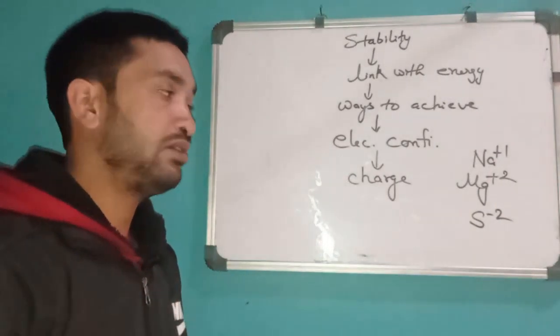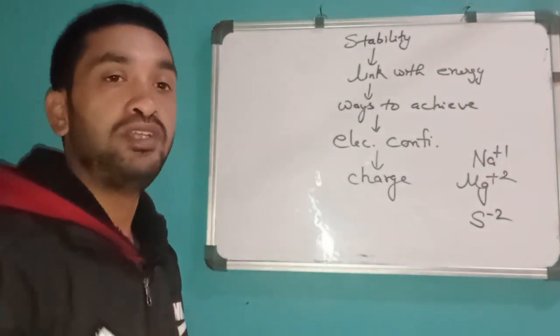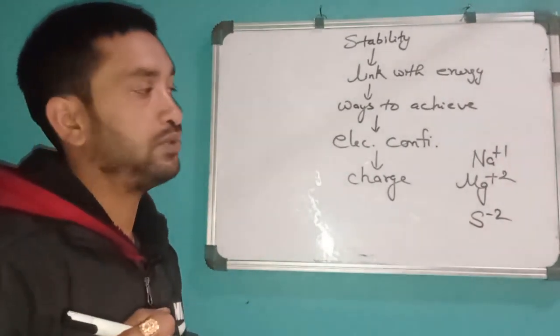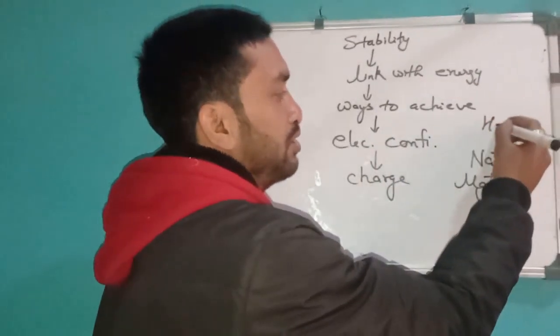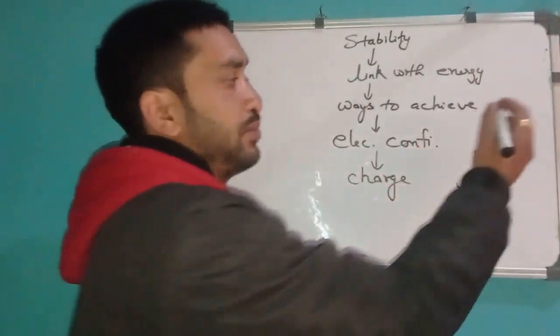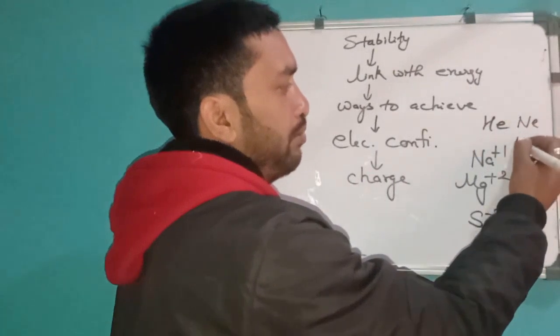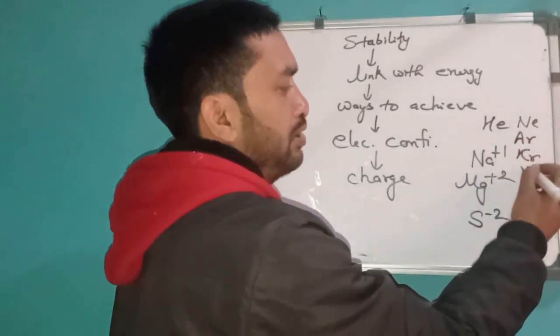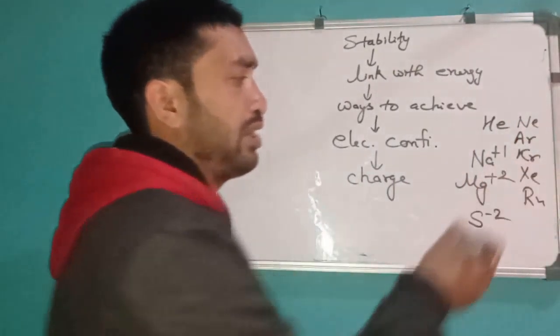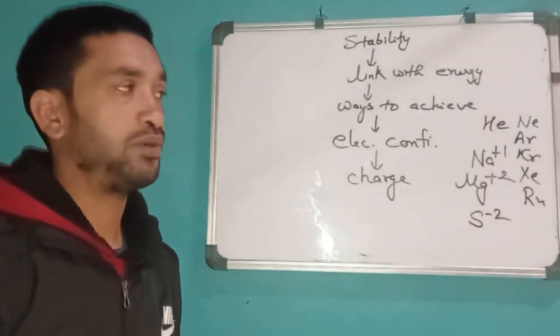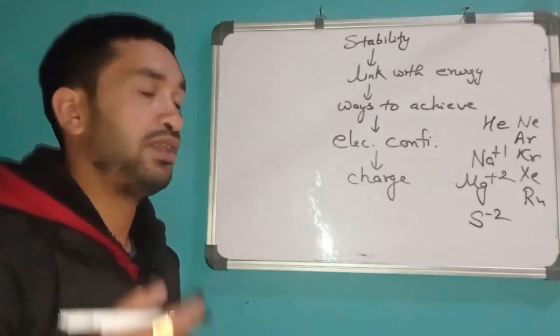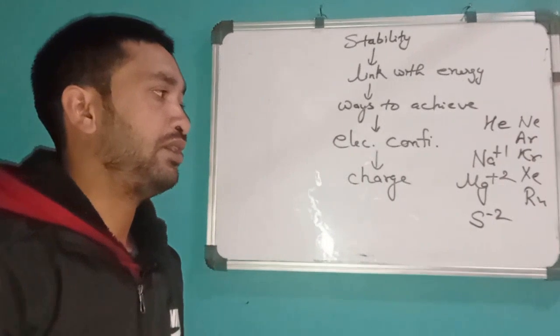But remember, other elements which are already stable have no charge. Helium is not written with any charge, only this much. Then neon, same. Argon, krypton, xenon, radon: none of these gases will have any charge because they are already stable, neither losing nor gaining electrons.